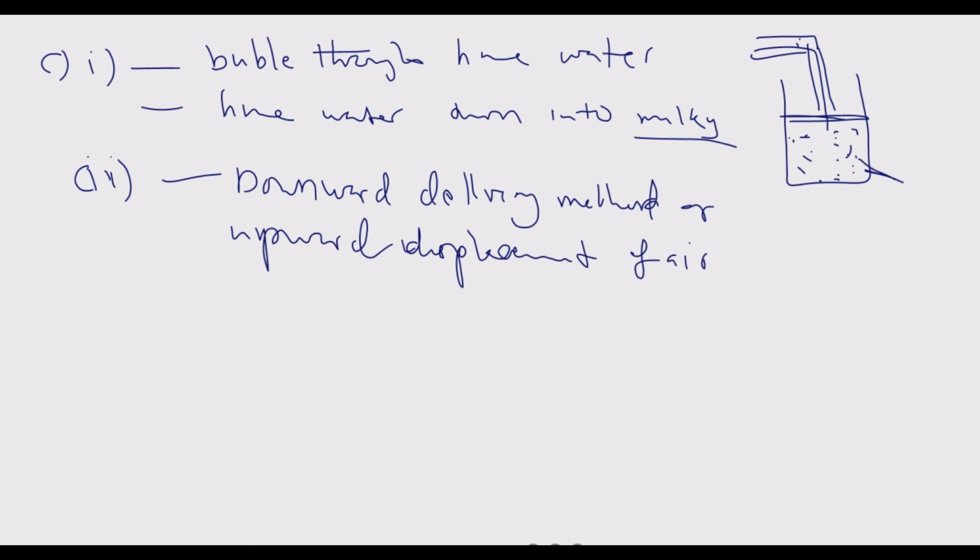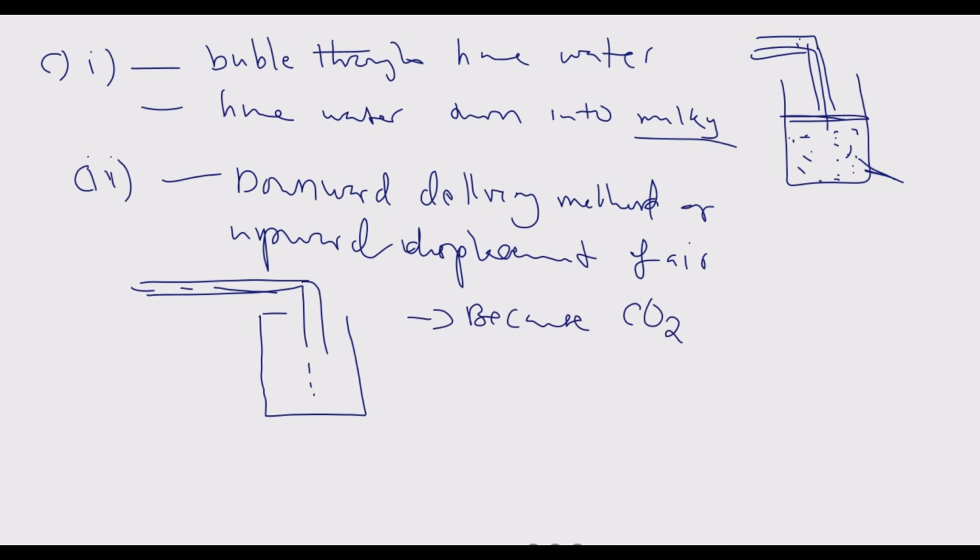We have the collecting jar like this, and the gas is blown into it. Because it is denser than air, it comes down and is collected. The reason is that carbon dioxide is denser than common air.